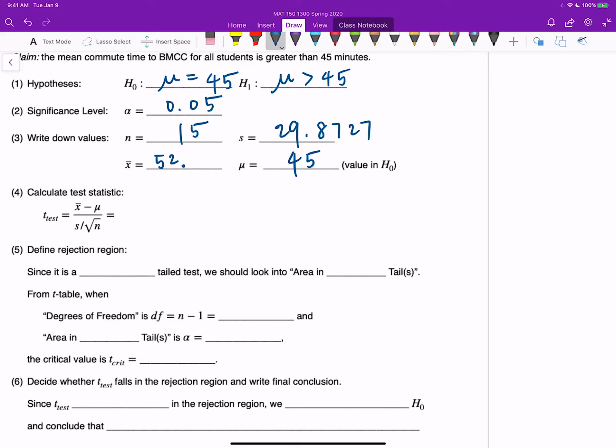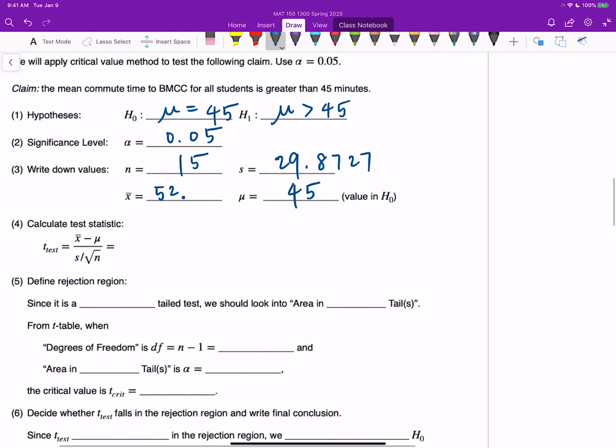Now we are ready to calculate the test statistic. Let's plug it in. X bar is, oh, they got rid of my decimal place, so let me rewrite that.